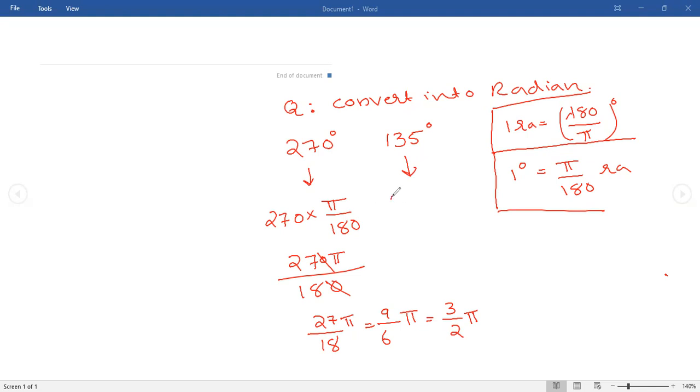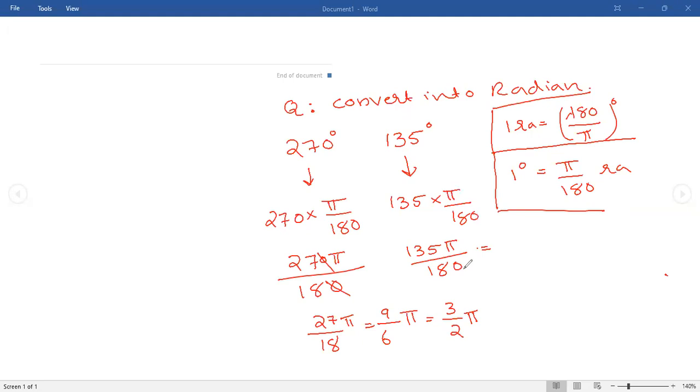That is 135 into pi divided by 180, right? So that is 135 pi divided by 180. Then you will get the radian. You can divide in this manner. 135, will any number go? What about 3?